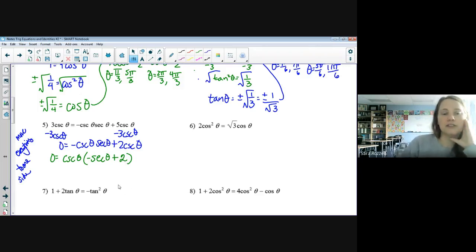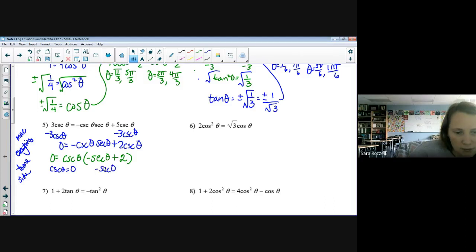Once you realize there's a commonality, we factor it to the front, then we set each factor equal to 0 to solve it. Because if that was 0, it would be 0, or if that whole thing equaled 0, that would equal 0. So cosecant theta is 0, and negative secant theta plus 2 equals 0.